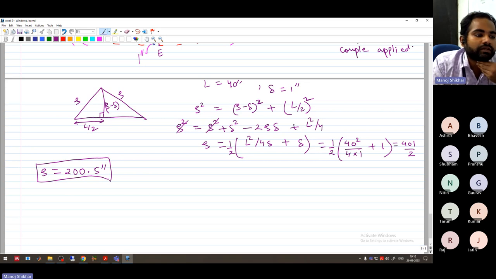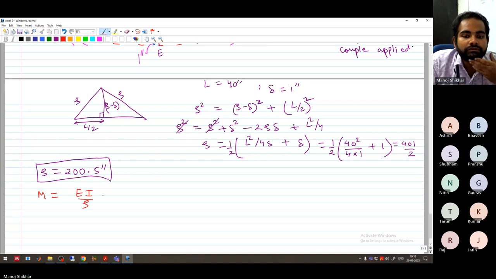So from here, what we can do, we can find the moment. M equal to EI upon rho. E has been given.